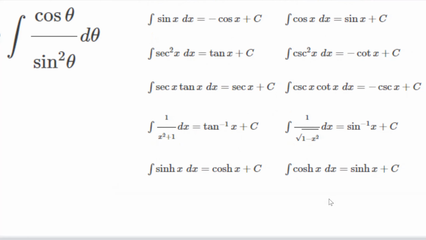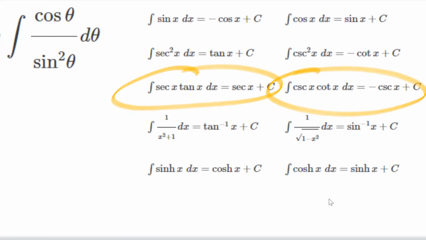Those are the only ones I have. First of all, I have none that are in division, so that's not going to help me. But I do have a few in here that have multiplication. So is there some way that I can change this to a multiplication? Yes.